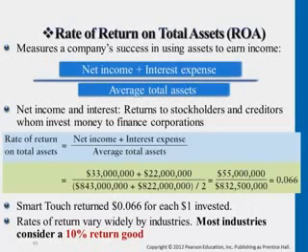So this ratio at the end will tell you per dollar of total assets how much return is generated. This 0.06 means for every dollar of total assets invested in the company, it turns into 0.06 of return of net income plus interest on average.